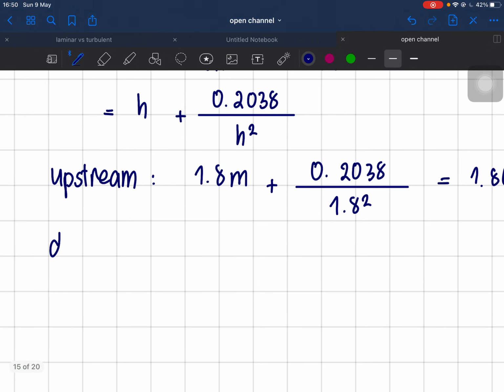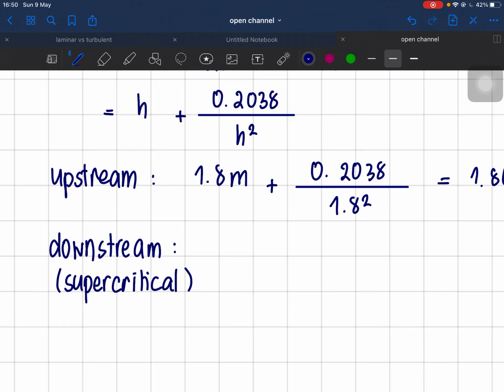And for the downstream here, we don't know yet because we're trying to control the flow, right? So supercritical, H plus 0.2038 over HD squared.